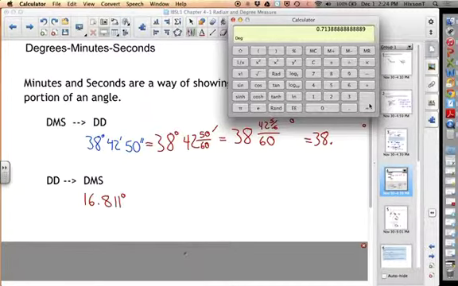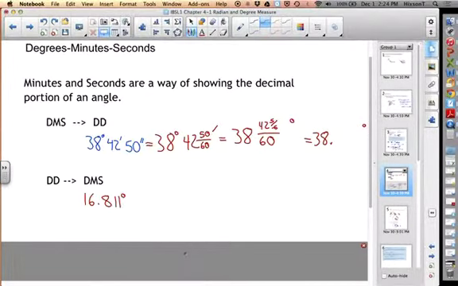So I have 38.713, and then the 8's repeat, so I'll put that as a 9.